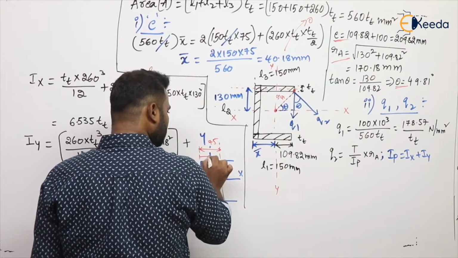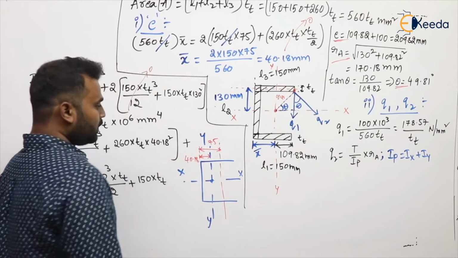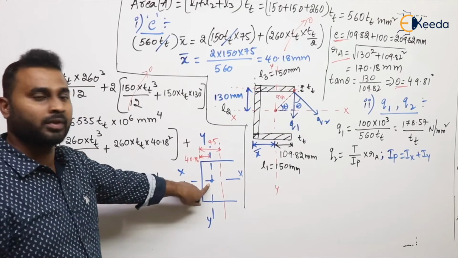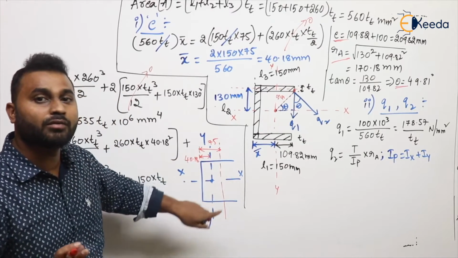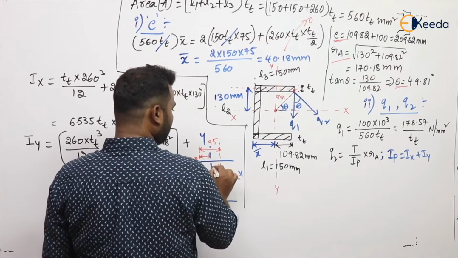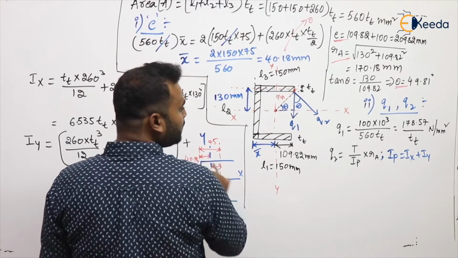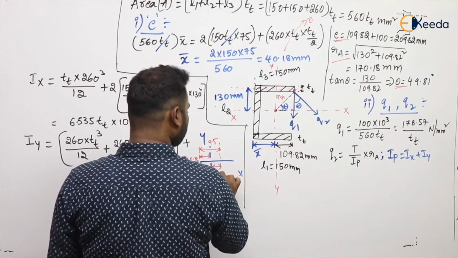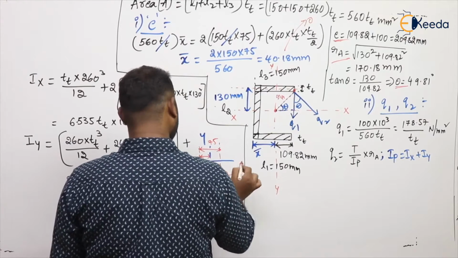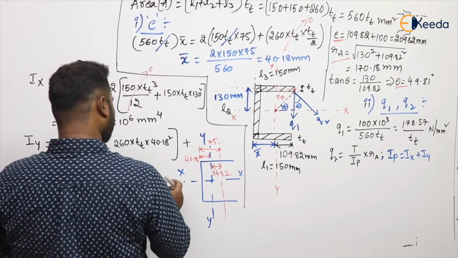And this is how much? 40.18. Clear? This is the axis passing through the CG of the total weld group, and this is the axis passing through the CG of the horizontal area. Now this is the difference. From 75, if you subtract 40.18, we get 34.82. So here we need to multiply with 34.82 whole square.